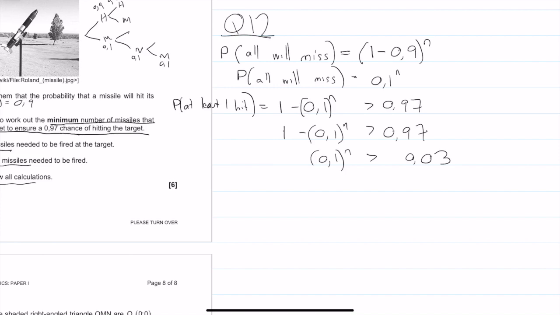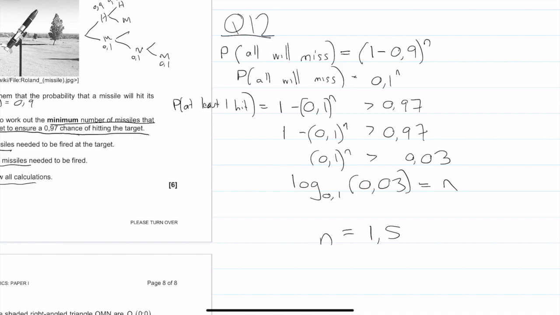If we make them equal, we can say that log base 0.1 of 0.03 is equal to n. So if we solve this equation, n is approximately 1.5.